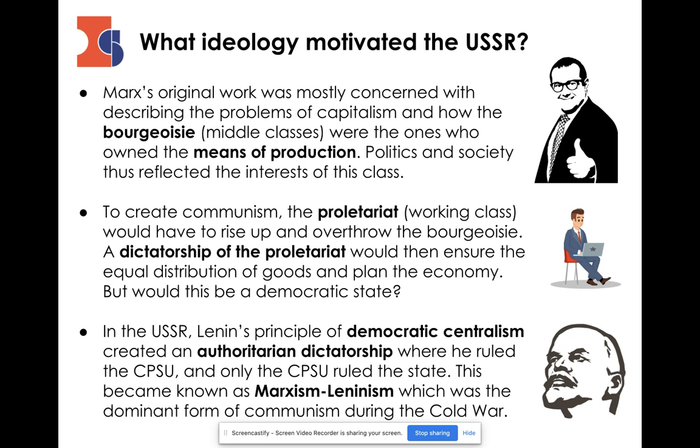There was no democracy as we know it in the West. And this ideology, this fusion of Marxist ideas with authoritarian Leninism in practice, became known as Marxism-Leninism. It's not an exciting name, pretty much says what it is. And that became the dominant form of communism during the Cold War, Marxism-Leninism.